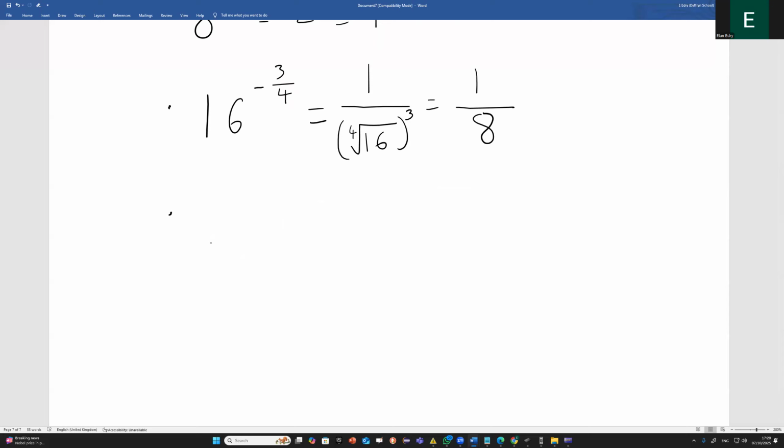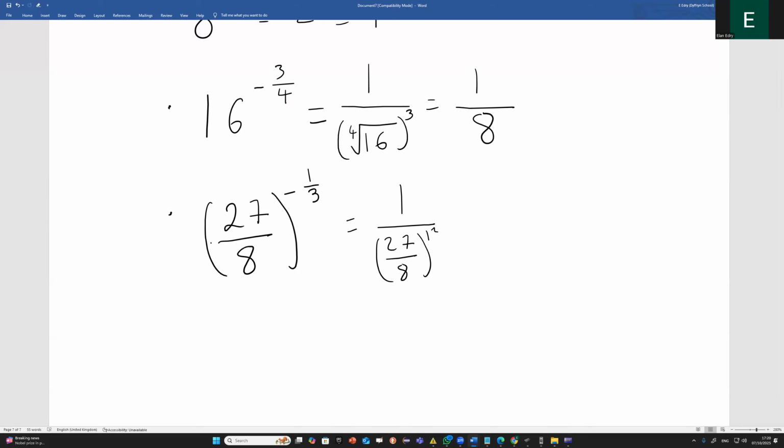Right, this is the hard one. What if we had 27 eighths to the power of minus a third? For this, you've got to do 1 over 27 eighths to the third. When you've got 1 over a fraction like that, it's like if I had 1 over a half, you would end up with 2 over 1 or 2.